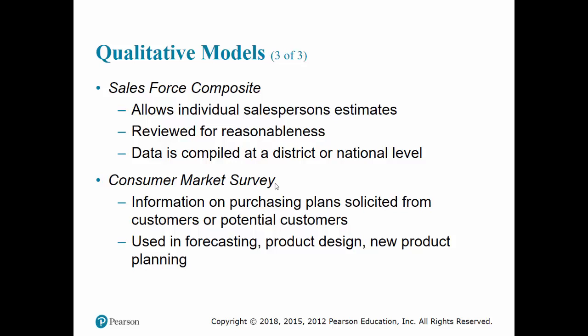Okay, sometimes salespeople, depending upon the incentive structure, may overestimate or underestimate. So you take a look at the reasonableness, and then you aggregate all the inputs from each of the salesforce individuals, and then come up with an overall forecast.